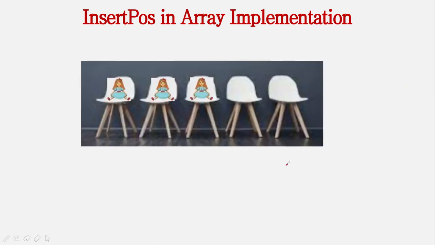Let me show with the analogy. For example, if I want to insert a new element at position 2, I want to make an insertion, so I want to replace this particular element. The algorithm tells you have to start from the last and go till this particular element.